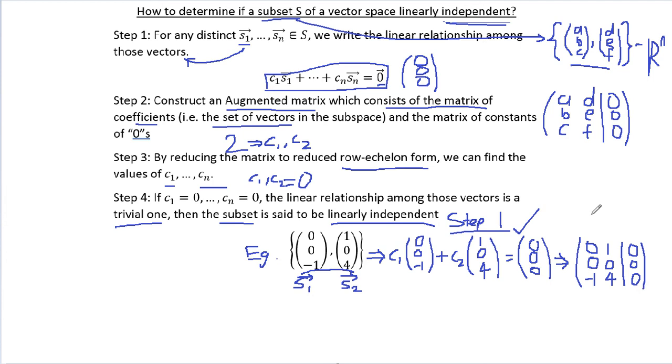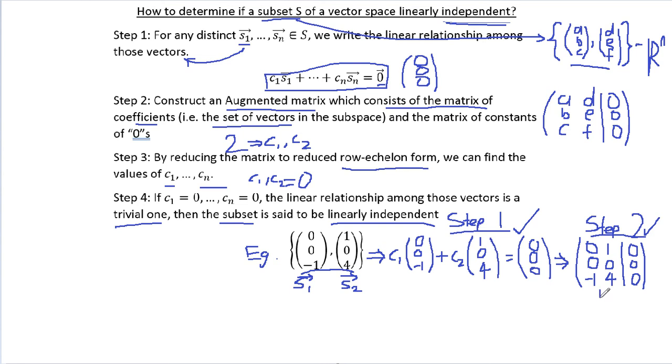So step 2 is done. Let's do step 3: reduce it to reduced row echelon form.